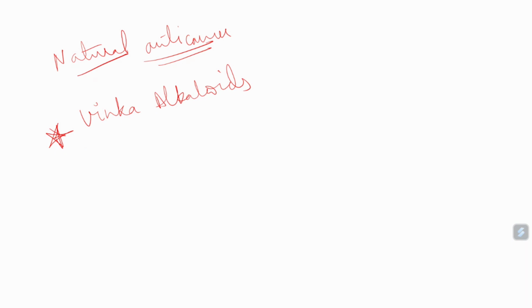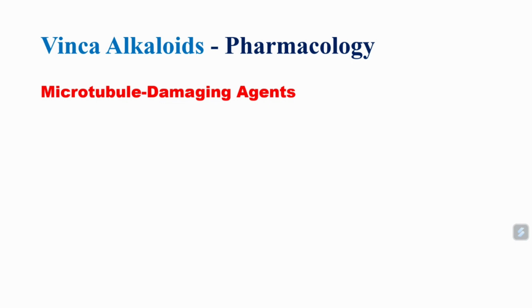When we discussed multiple myelomas, I think I already gave some basic concepts about Vinca alkaloids. But in today's topic, we will cover everything about Vinca alkaloids, its pharmacology and all. So let's begin our session with the drug information and pharmacology of Vinca alkaloids.